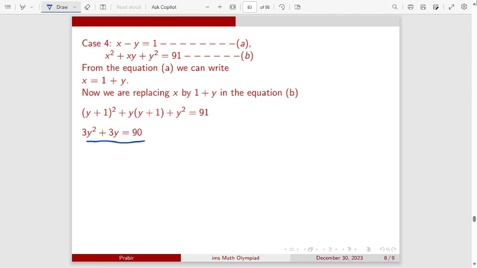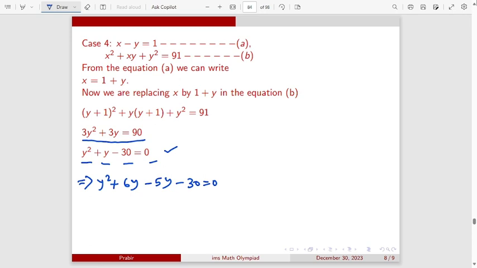So therefore we have this equation. Now we divide the entire equation by 3, then it will become y square plus y minus 30 equal to 0. This is a quadratic equation. So we can break it as y square plus 6y minus 5y minus 30.